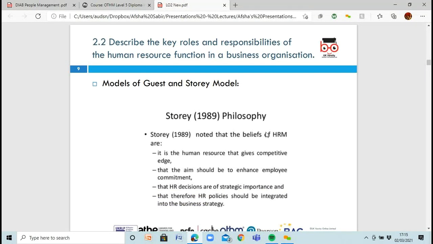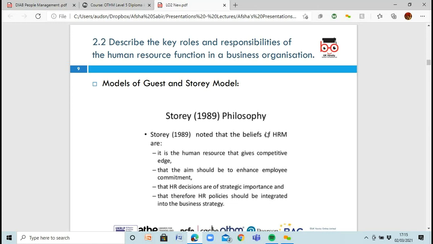So we've got a philosopher called Storey from 1989, and he actually believed that the human resource management model is that it is the human resource that gives competitive edge, and that the aim of HRM should be to enhance employee commitment, and that HR decisions are of strategic importance, so that the HR policies need to be integrated into the business strategy.